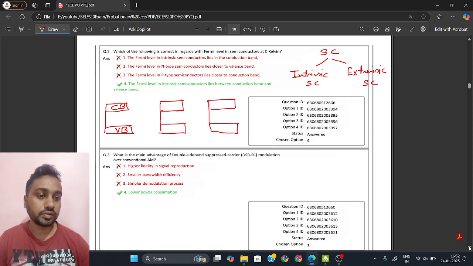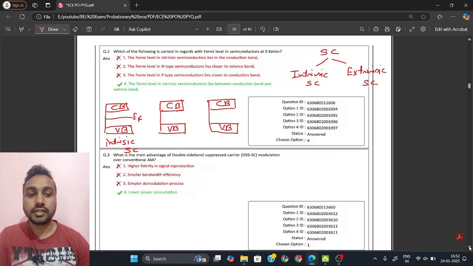This is your conduction band and this is your valence band. This is for intrinsic. In an intrinsic semiconductor, the Fermi level is always in between the conduction band and the valence band.